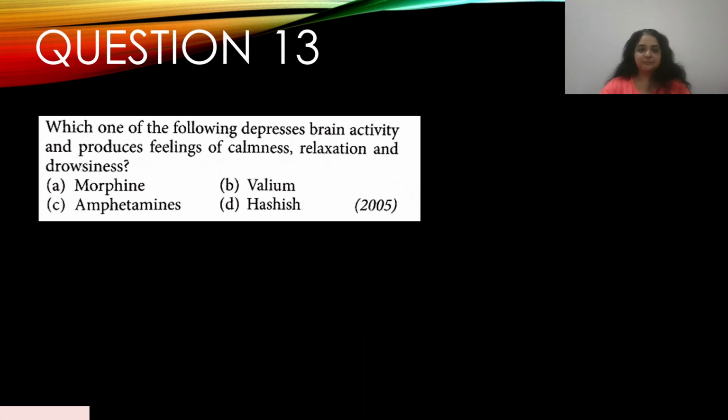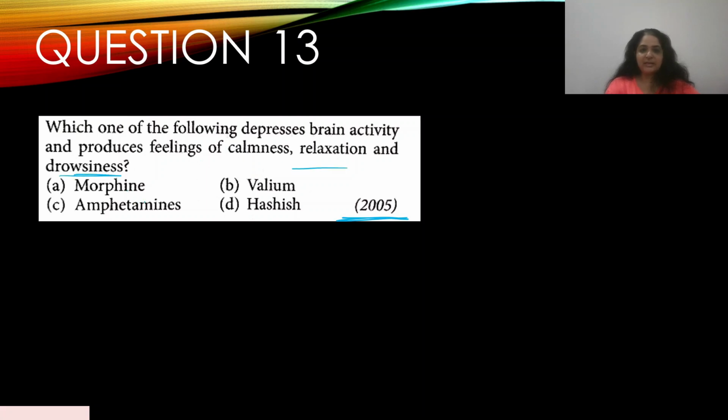Question number 13. Which one of the following depresses brain activity and produces feelings of calmness, relaxation, and drowsiness? This appeared in 2005. A. Morphine, B. Valium, C. Amphetamines, and D. Hashish. So it depresses brain activity and produces feeling of calmness, relaxation, and drowsiness.